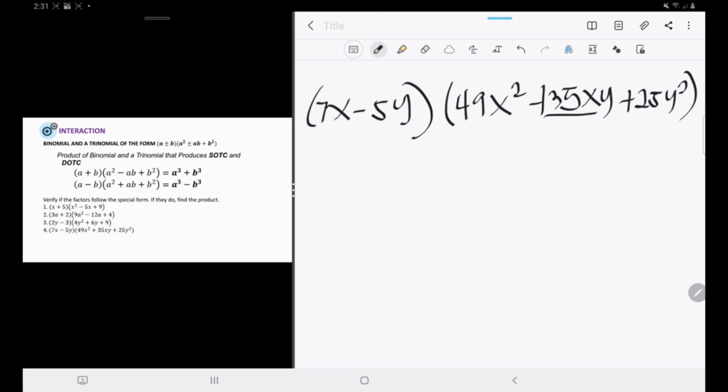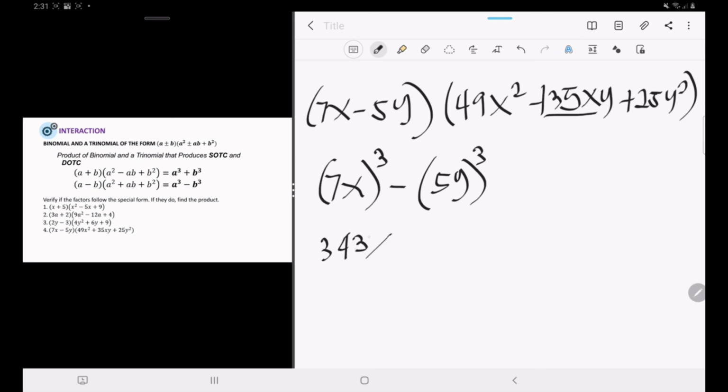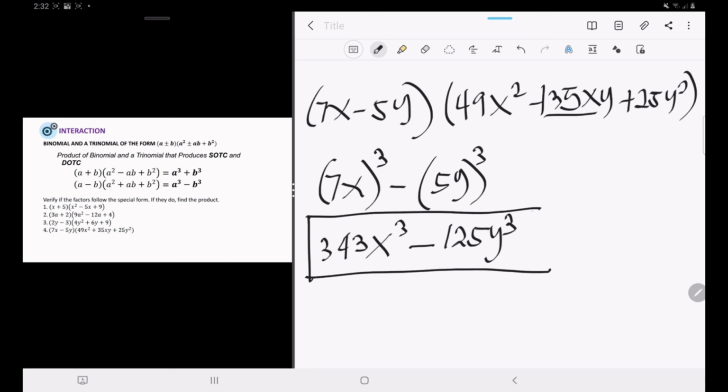Now, the product of this binomial and trinomial of this form is the cube of 7x minus the cube of 5y. So, (7x) cube minus (5y) cube. (7x) cube is 343x cube. Then minus (5y) cube is 125y cube. Okay, so that's the product.